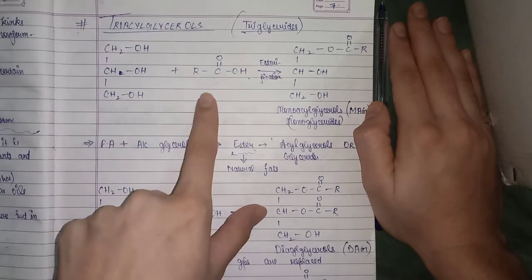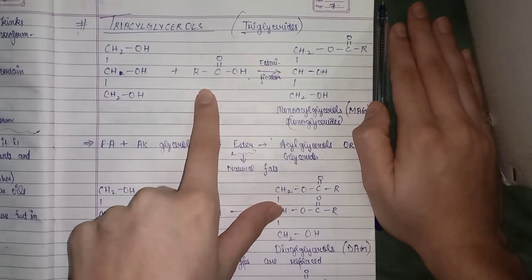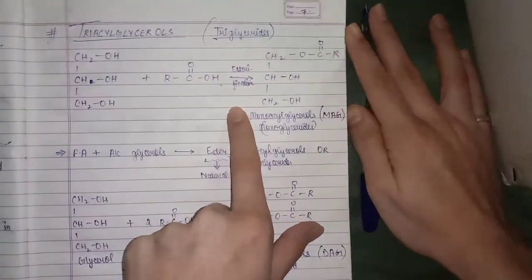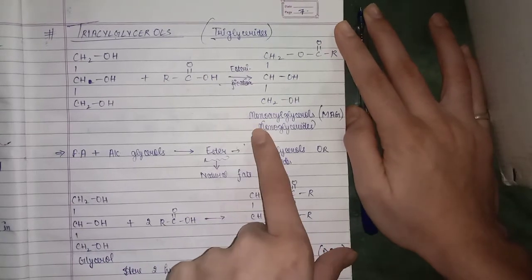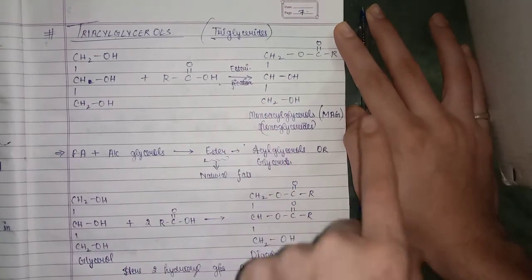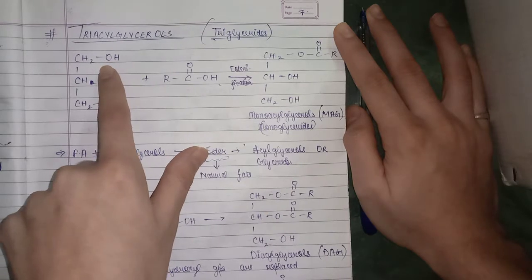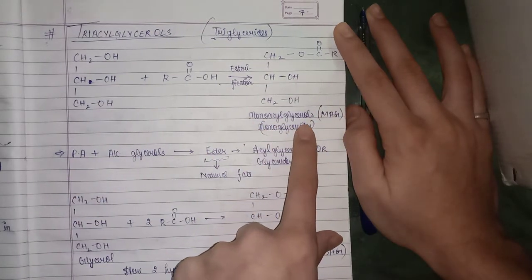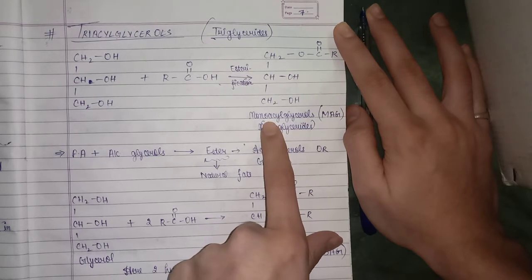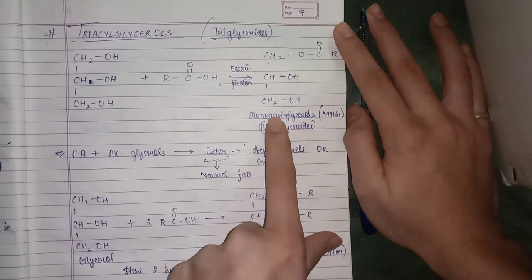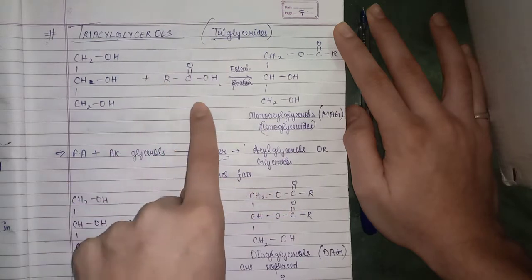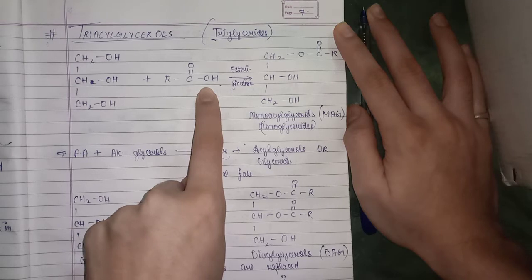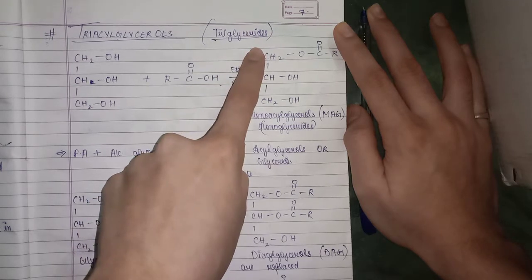When we add a carboxylic acid to it, this is the reaction of esterification, which leads to the removal of water, and it will bind over here to form the monoacylglycerol. Monoacylglycerol, because only a single carboxylic acid, or we can say fatty acid, is added over here.